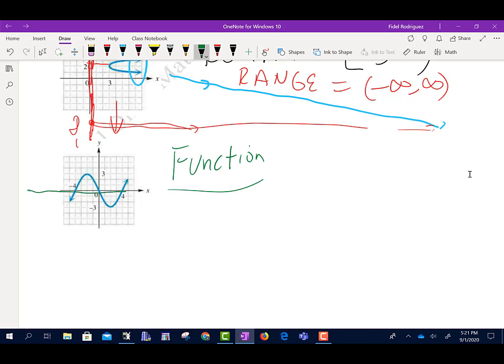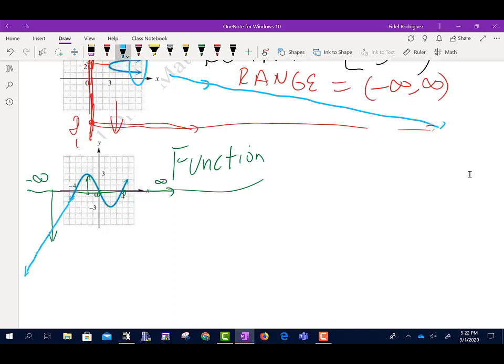Now, let's talk about our domain. Remember, the domain is the x values, right? So this is going to be infinity. This is going to be negative infinity. And all the domain is saying is that no matter what point you pick on this green line, whether you were to go down or whether you were to go up or maybe even stay right there, would you hit that graph? And if you're wondering, remember, look at the shape of the graph.